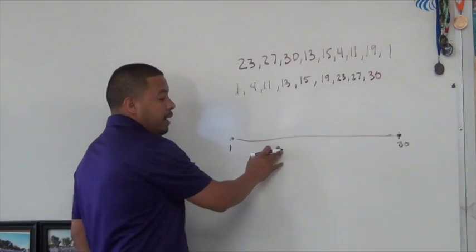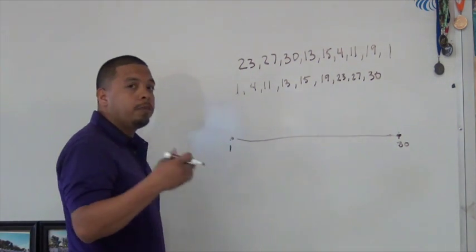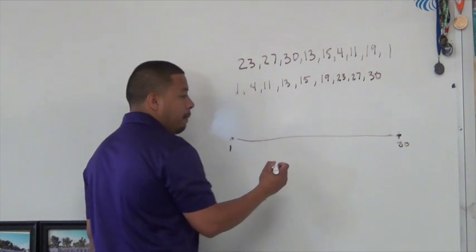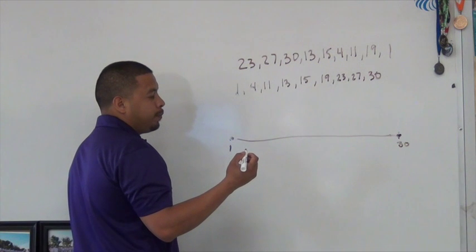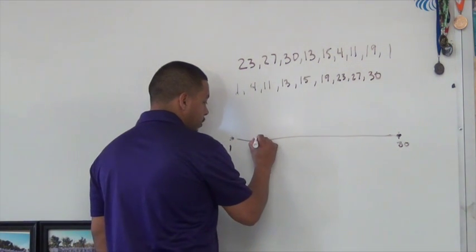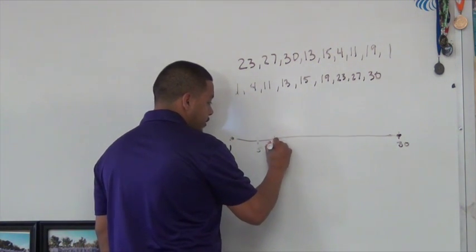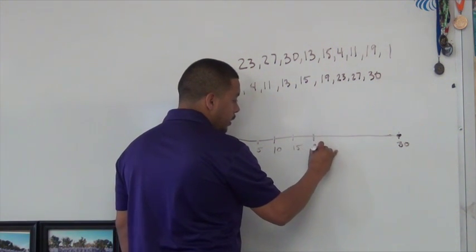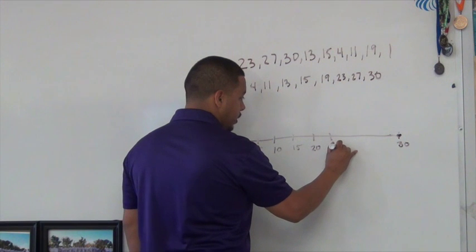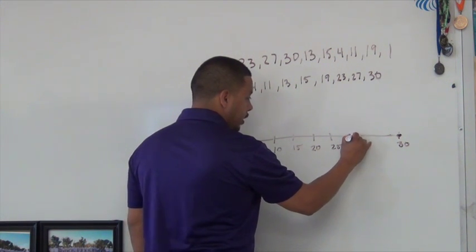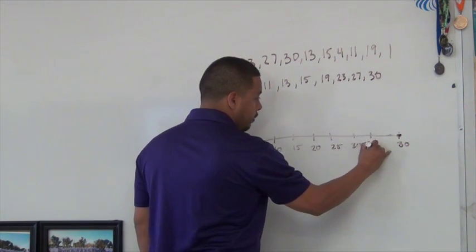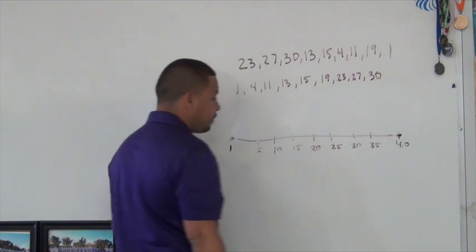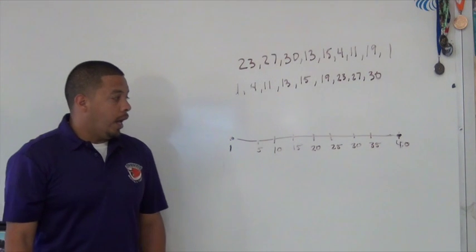Now I need to separate my number line. Most box plots will already give you a number line, but in this case, I'm gonna count by 5: 5, 10, 15, 20, 25, 30, 35, and we'll make this 40.